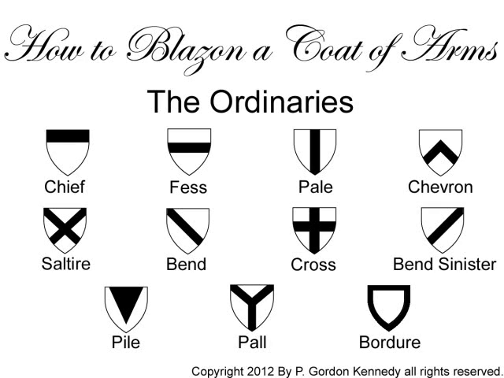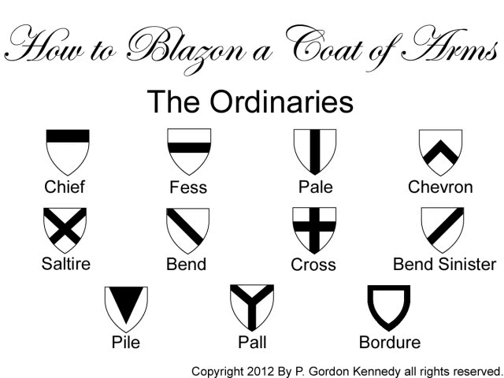big X across the shield, the bend, which is a band going from dexter to sinister diagonally across the shield, the cross, which is a big cross on the shield, the bend sinister, which is a band going diagonally across the shield from sinister to dexter, the opposite direction of the bend.